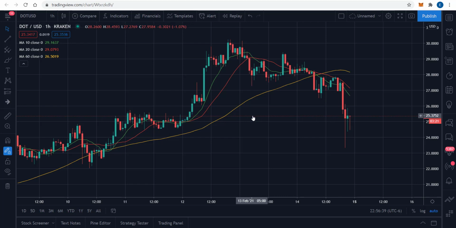The price has fallen. We saw a crossover in the moving averages here. So our 10 period went below our 20. Now they are still both above the 60 period, but look what's happening now. Now we have all three in line, and it looks like Polkadot may be falling lower.